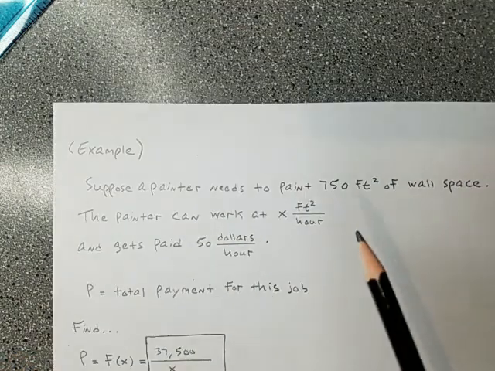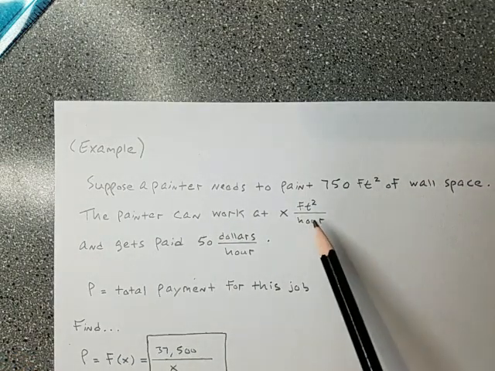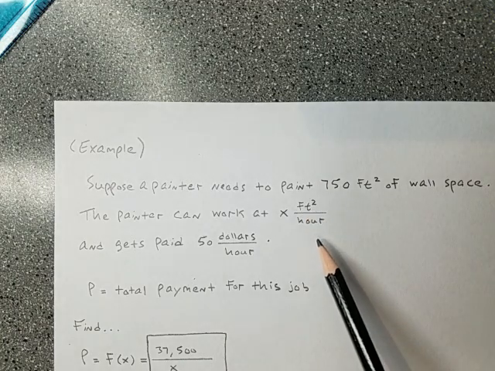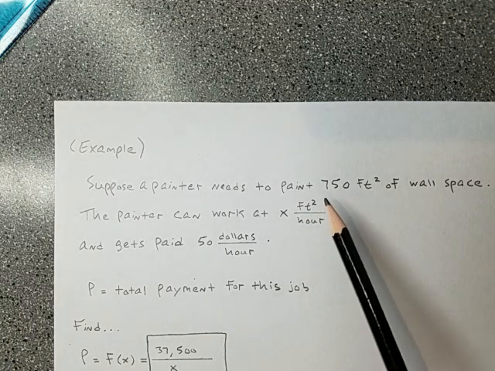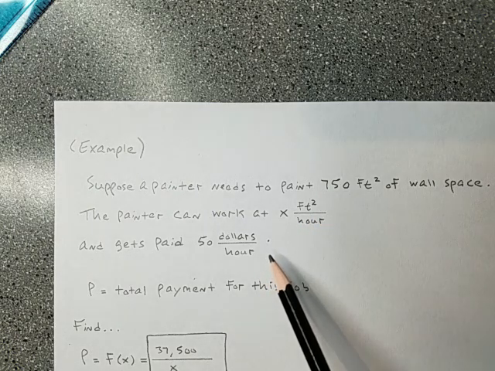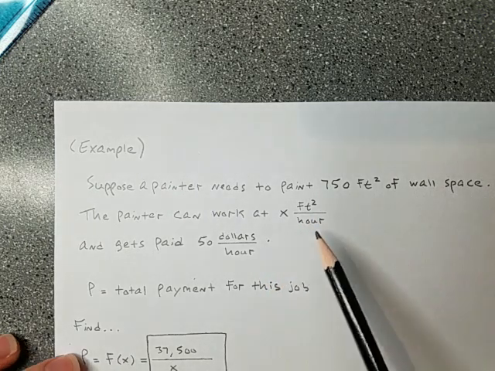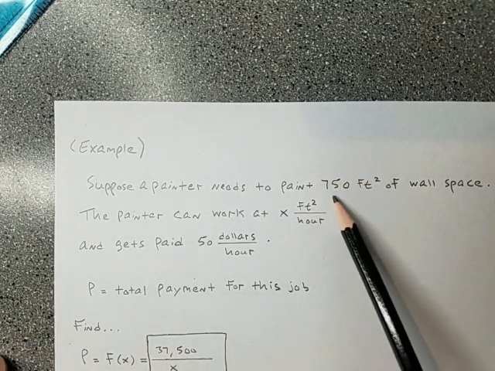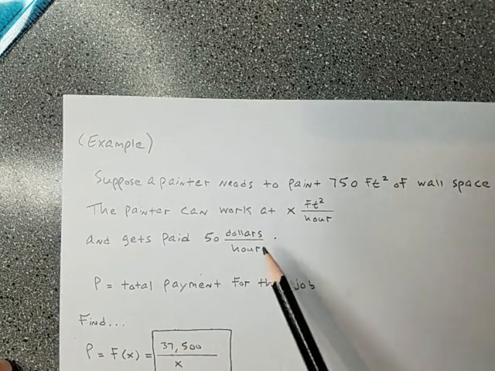I mean, suppose you could paint 1 square foot per hour. That's not very fast. It's going to take you a long time to do that. And you get paid $50 an hour, you're going to earn a lot more money. But suppose you paint 750 square feet per hour. Well, you could paint this whole space in 1 hour and get paid $50.